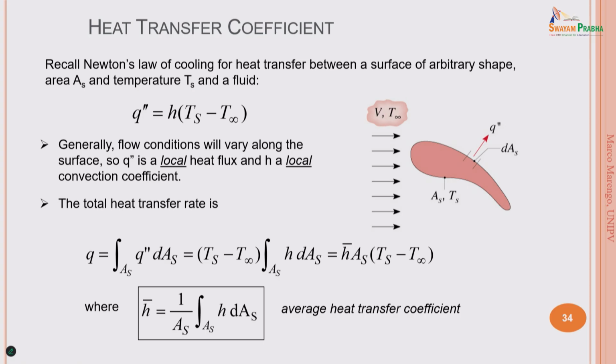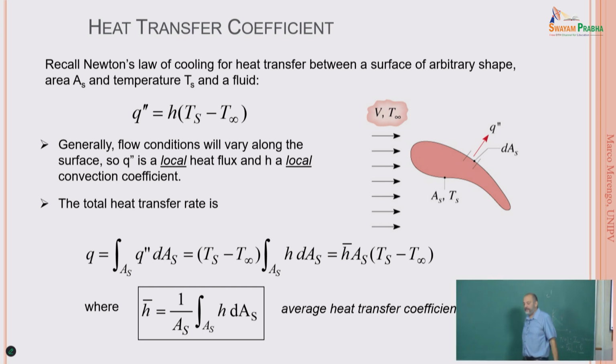Coming back to the heat transfer coefficient, for example, if we have this condition on a wing profile, it's very clear that the heat flux is changing along the profile. So this means that H doesn't have a unique value all over the profile, but is changing in space.